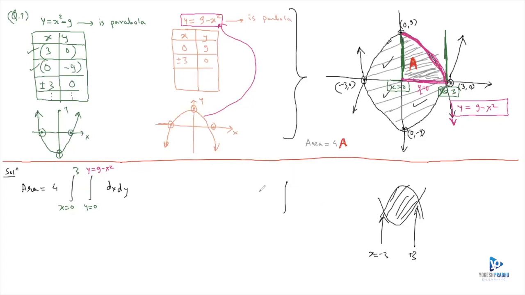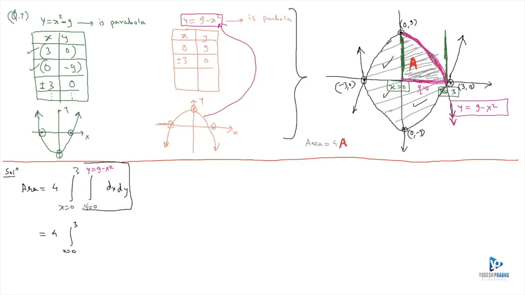Okay, so going back to the solving, help me. dx dy, and it's 0 to 3, 4 times the integral 0 to 3. First you will evaluate y, right? x I can keep outside. This is y from 0 to 9 minus x squared. Tell me, how do you know that the first one is dy?